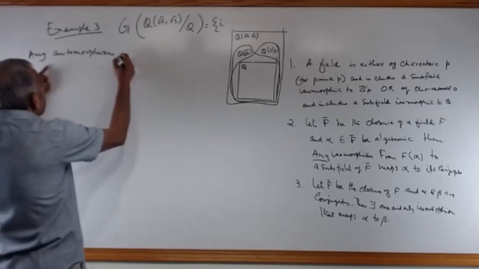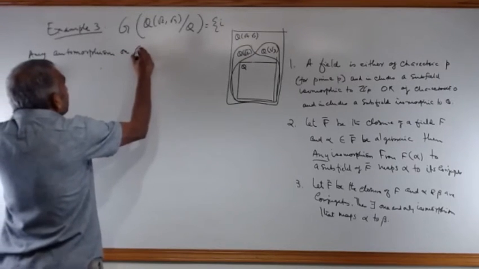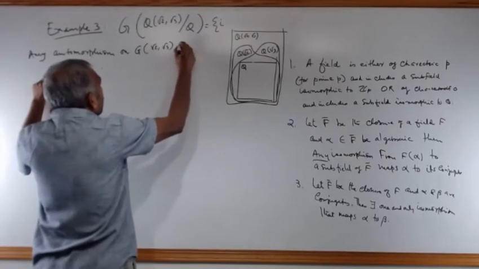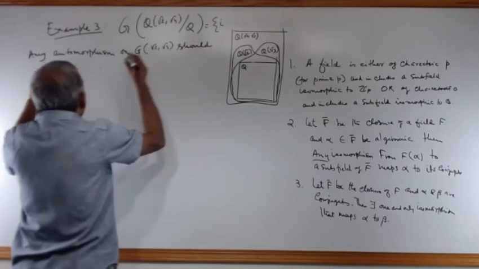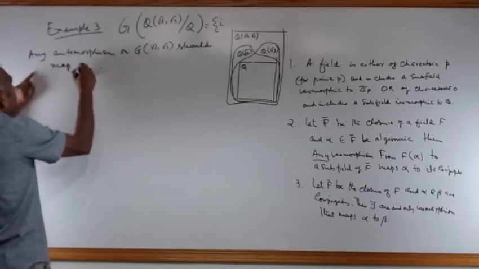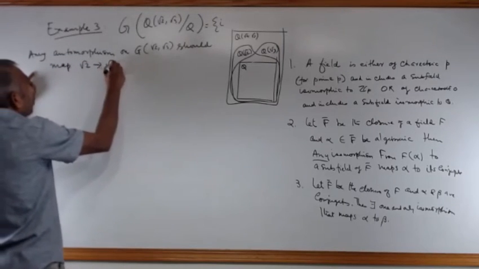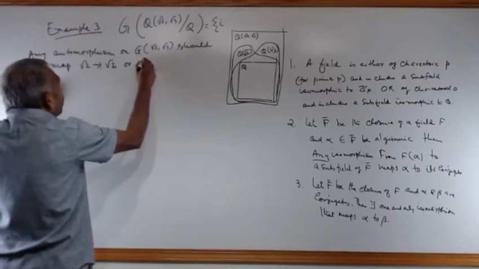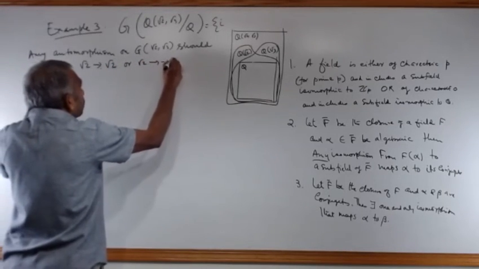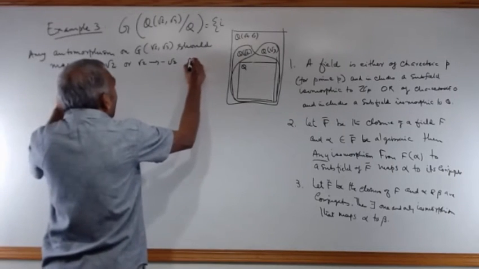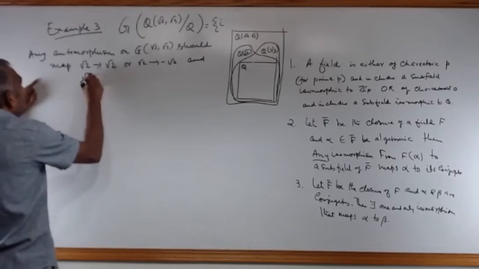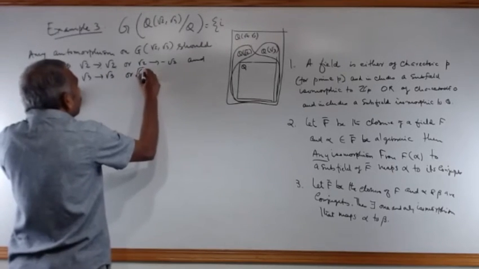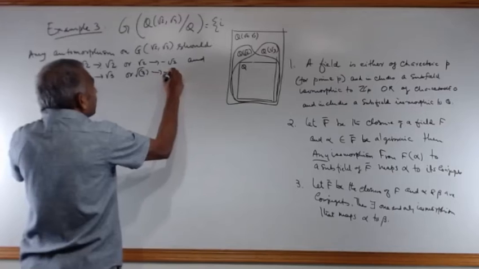Any automorphism on Q root 2 comma root 3 should map root 2 to root 2 or root 2 to minus root 2, and root 3 to root 3 or root 3 to minus root 3.